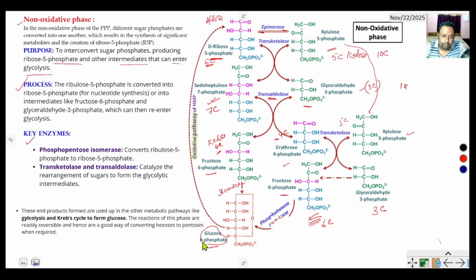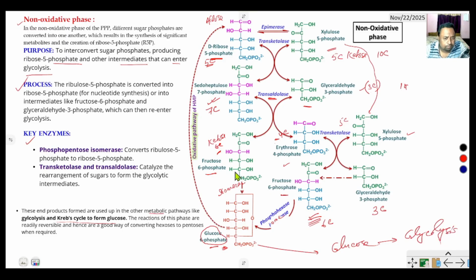Glucose 6-phosphate then again enters into the glycolysis pathway. Clear? The end products formed are used up in other metabolic pathways like glycolysis and Krebs cycle to form glucose. The ultimate glucose 6-phosphate converts into glucose and enters into the glycolysis.